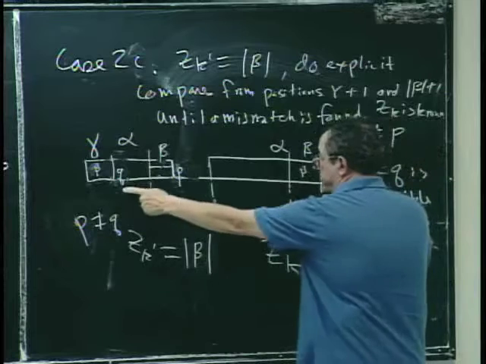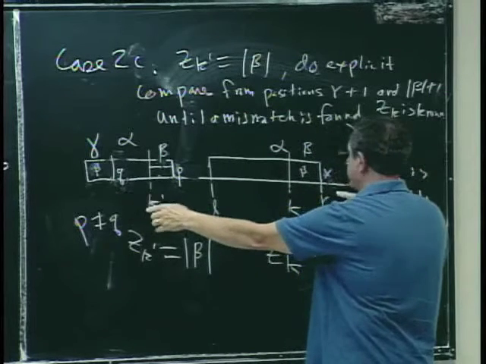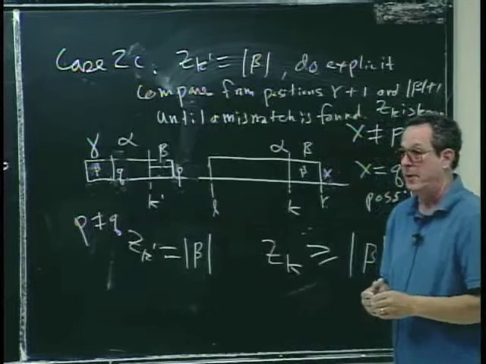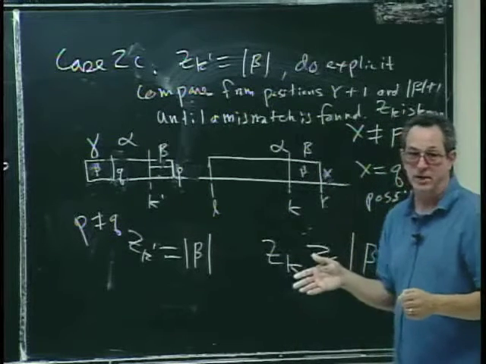So if we have one match, then R moves one position to the right. If we have 6 matches, it moves 6 positions to the right, and so on. But in none of the cases does it ever move to the left.